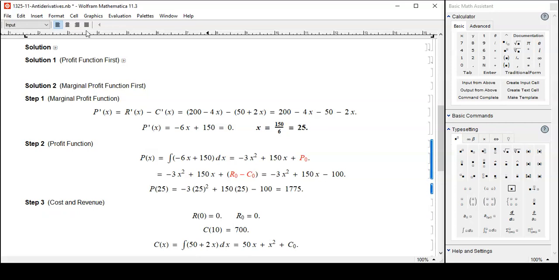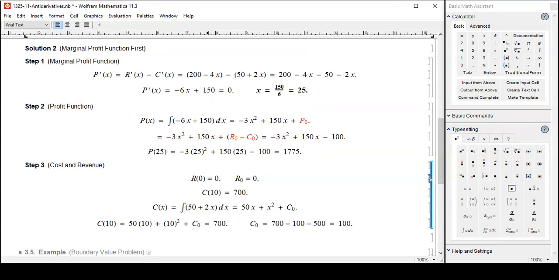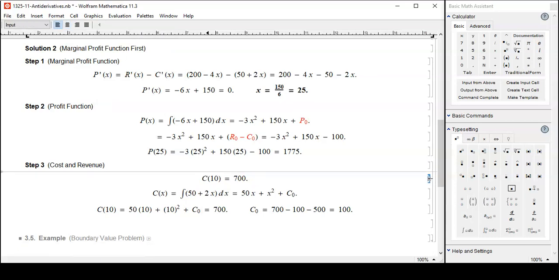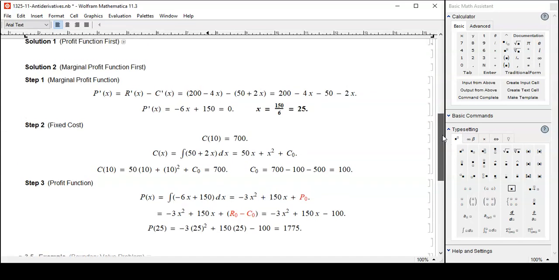So fixed profit is fixed revenue, which is always 0. This is always 0. And minus fixed cost, which we calculated this way. This should be step 2, and that should be step 3, and that'll complete the second solution.